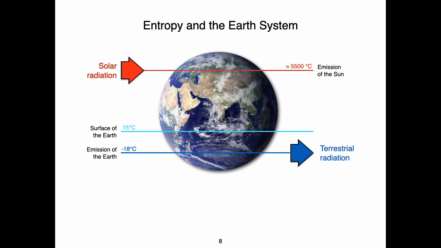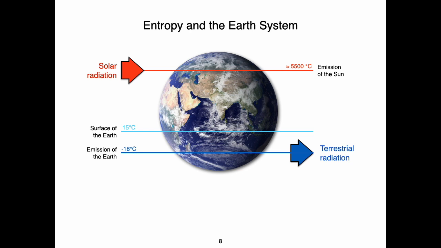Because what's driving the Earth system? Well, it's obvious, it's the sunlight. So solar radiation, electromagnetic waves, they were emitted at a high temperature, about 5,500 degrees centigrade. And if you remember the expression of Clausius, entropy has to do with a certain amount of energy being removed divided by temperature.